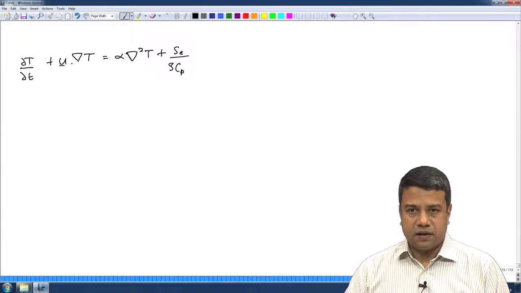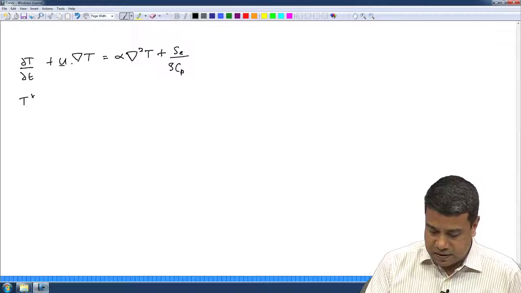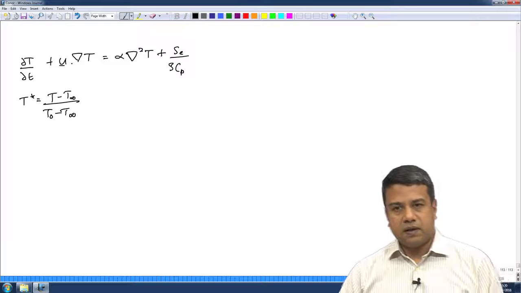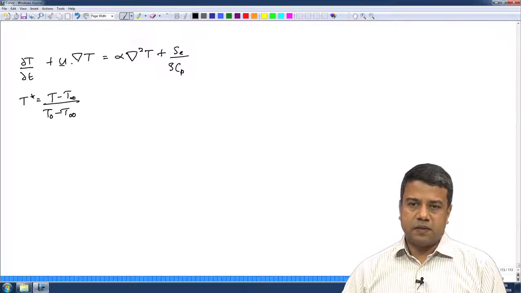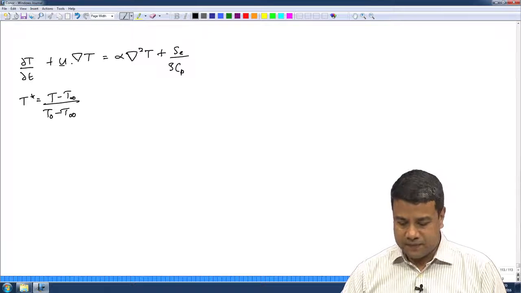We had scaled, if you recall, in one of the previous lectures, T star is equal to T minus T infinity by T naught minus T infinity. Here T infinity is typically a temperature that is far from the object, and T naught is the temperature at a surface.